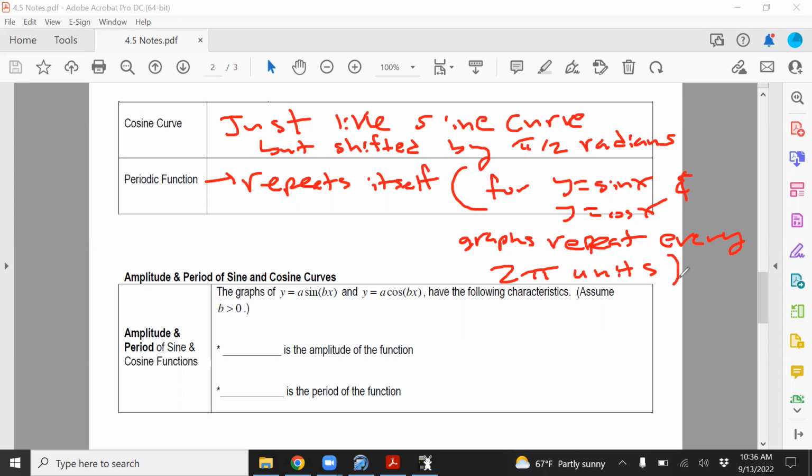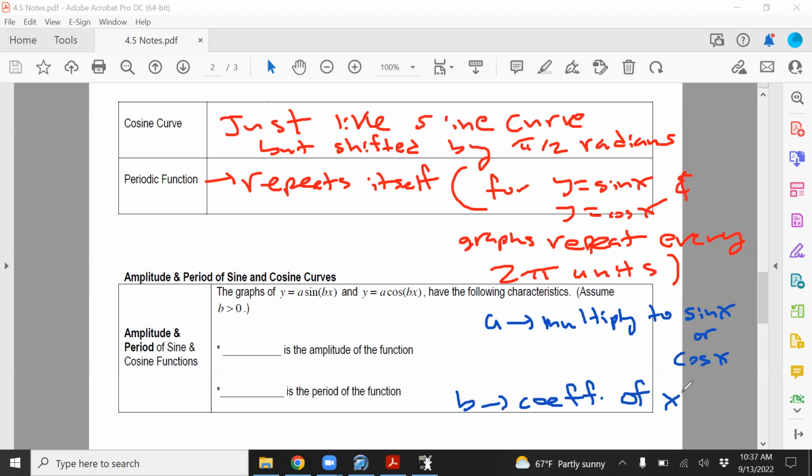We'll get a chance to copy that down, then we'll talk about amplitude and period. So down below here, A is what you multiply to sine x or cos x, and B is a coefficient of x, just so you know.